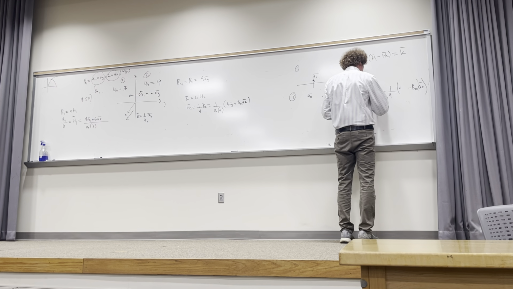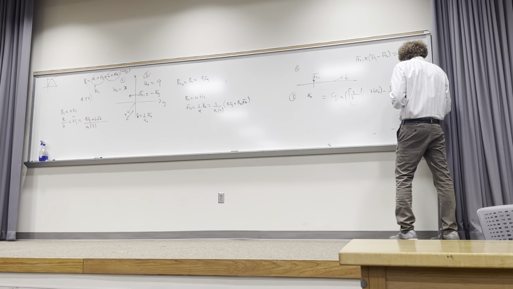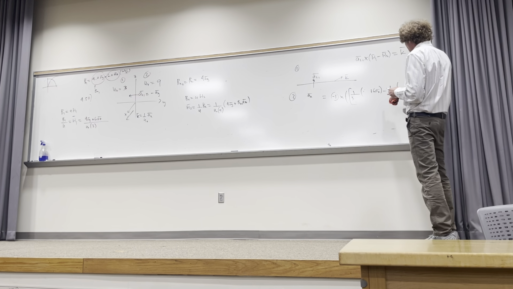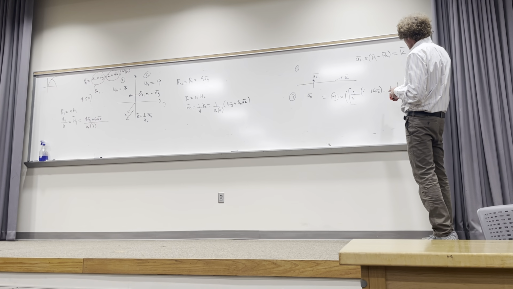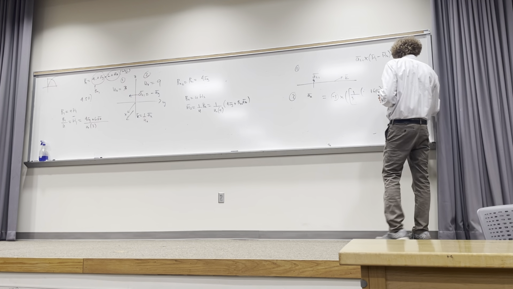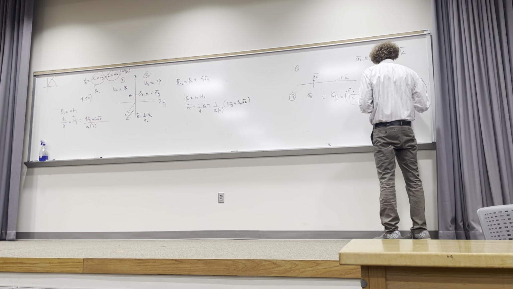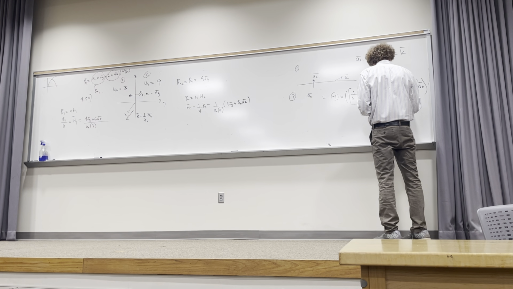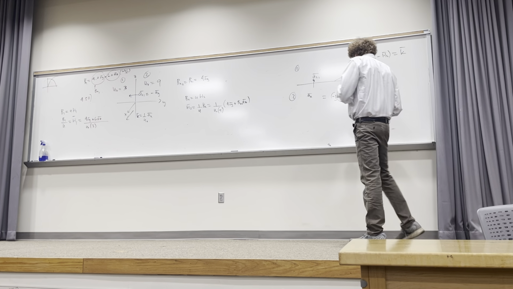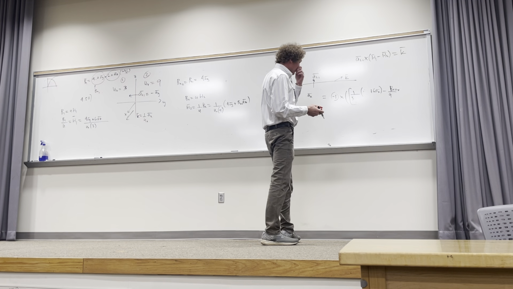So it's positive AX, and this is going to be 1. Did I have a minus sign twice on this one? I think I did. So that's B2 AX here.